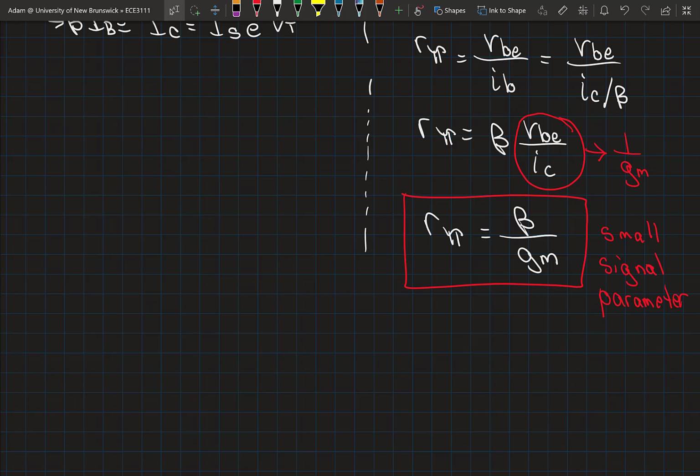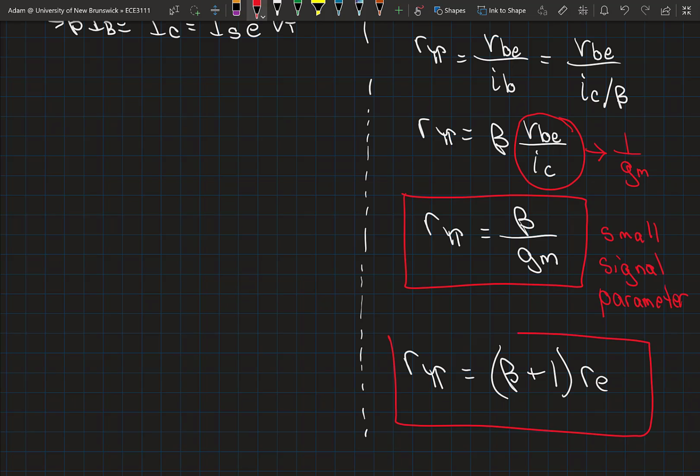It's also worth noting that with a little bit of manipulation, you can show that R pi is equal to beta plus 1 times RE.